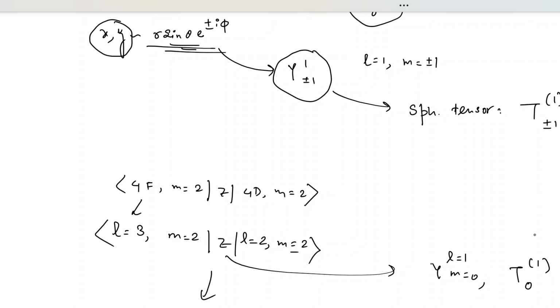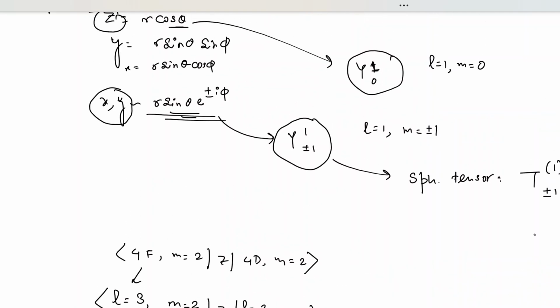So for y, the combination has to be written down, because you can see that x minus iy is r sin theta e to the power plus minus i phi.